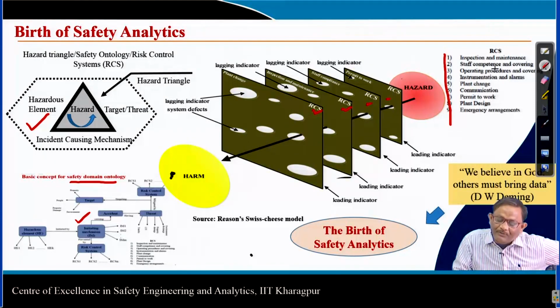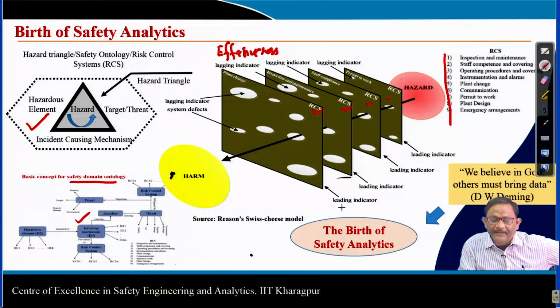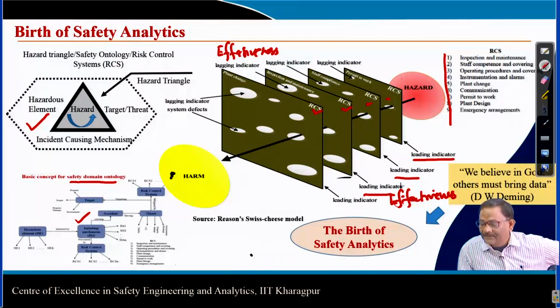You have to have proper indicators for their effectiveness and weakness. Effectiveness of a risk control system is measured through leading indicators.